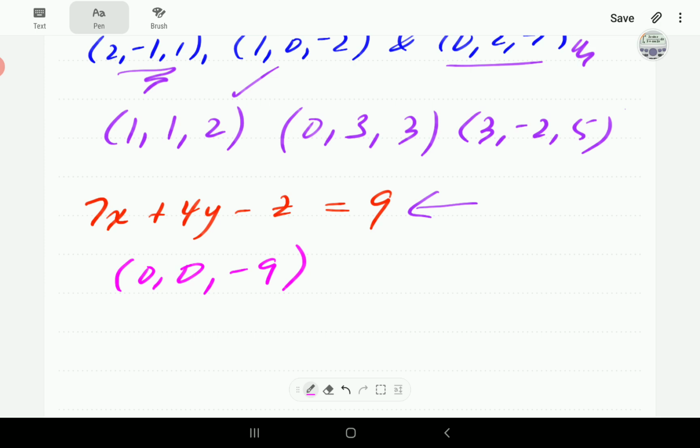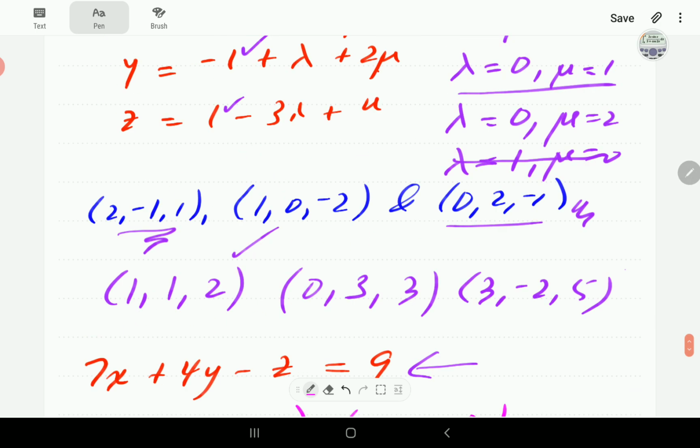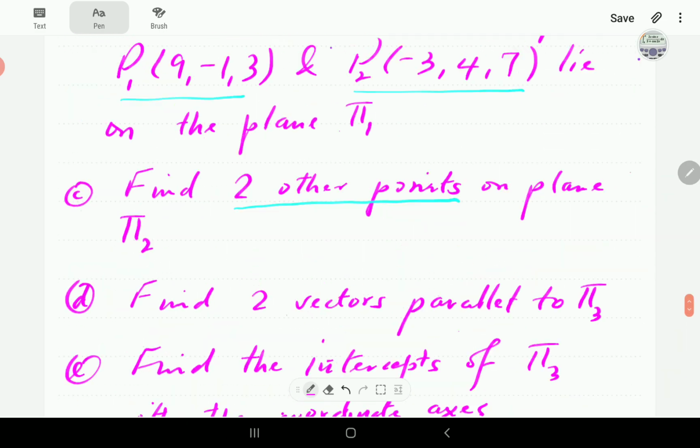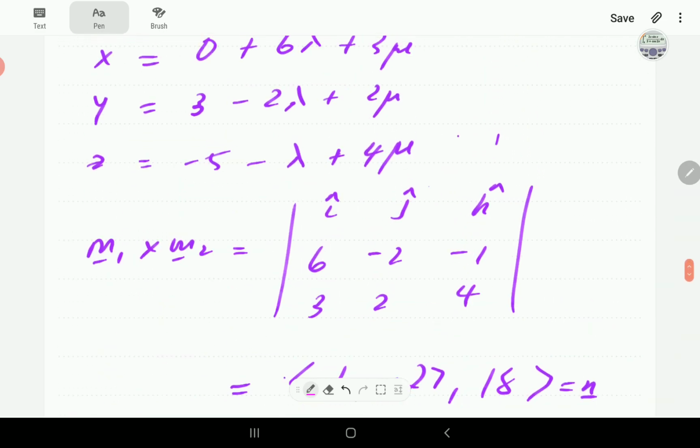Then if y and z are 0, 7x is going to be 9, so x is going to be 9/7. So typically using this, you find that you get points with fractional values of the coordinates. But basically that is that. We have got those 2 points.